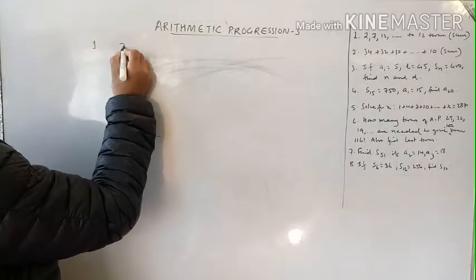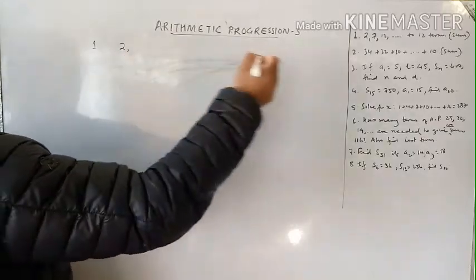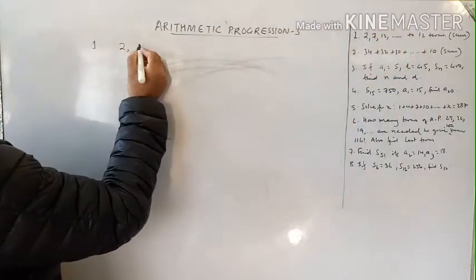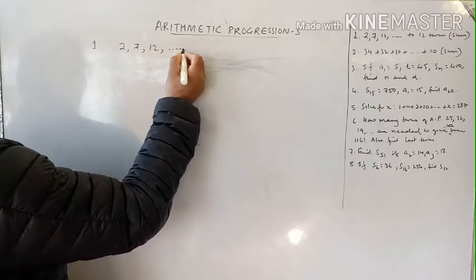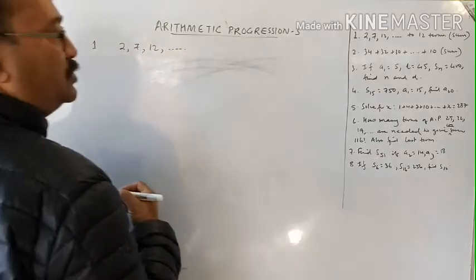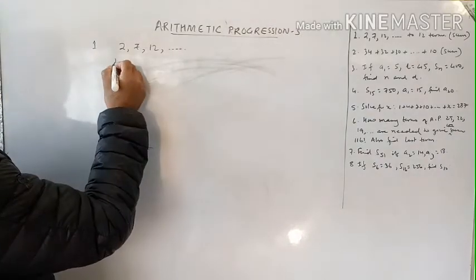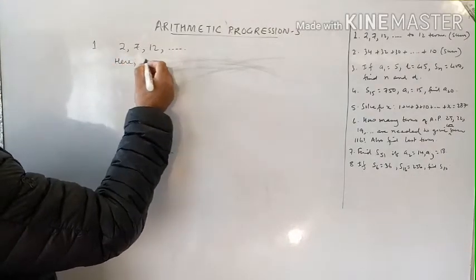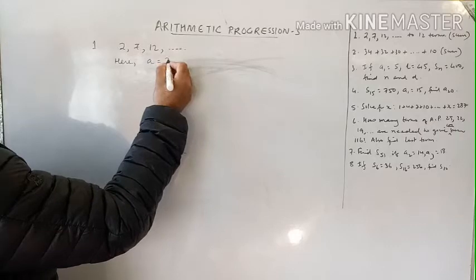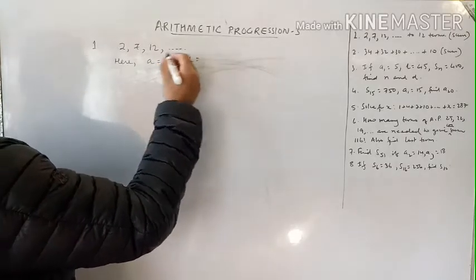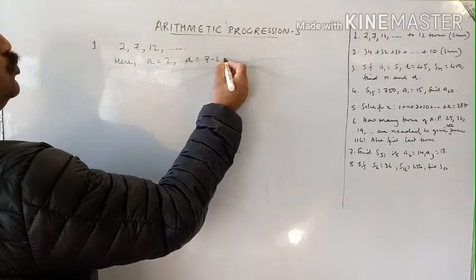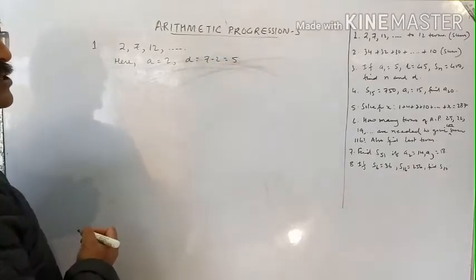Here, the first term a is equal to 2 and the common difference d is equal to 7 minus 2, that is 5.